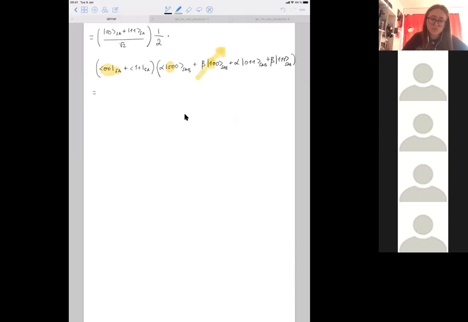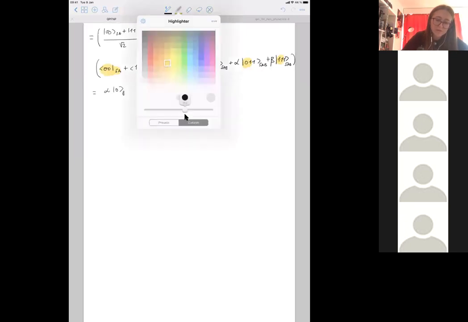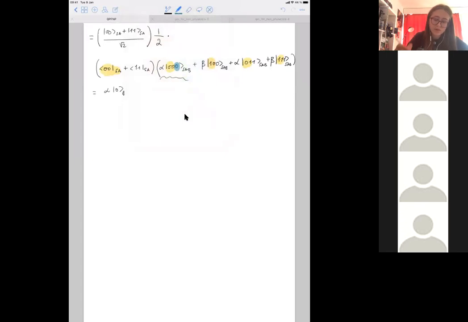So this will not give any contribution. This as well. And this, because it's |1,1⟩, also will not give any contribution, because |1,1⟩ is orthogonal to |0,0⟩, for the same reason. Essentially, for ⟨0,0|, only this term survives, and it gives us alpha |0⟩_B, because we have 0 here for B.